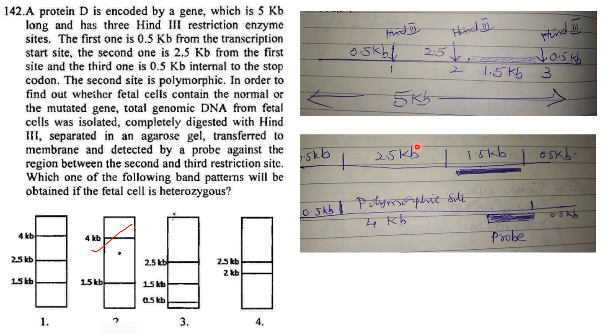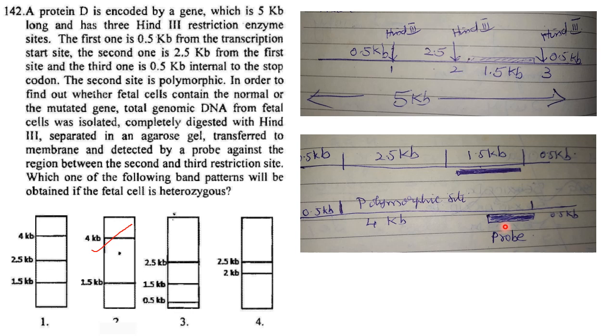This 0.5, 2.5, 0.5 kb will not be detected because it is the region which is not complementary to the probe. Only this region is complementary to the probe. So a 1.5 kb band will be detected. Here it will not get digested with Hin3 because it is a polymorphic site and it got mutated. It is total 4 kb long.